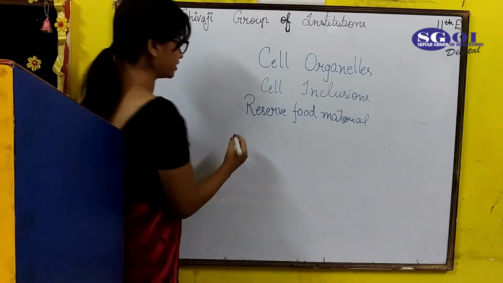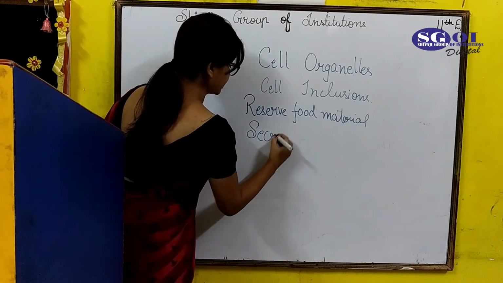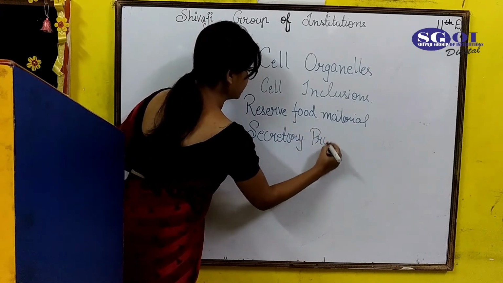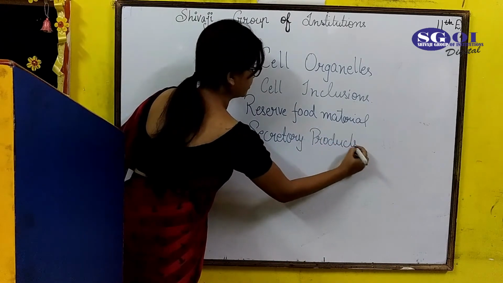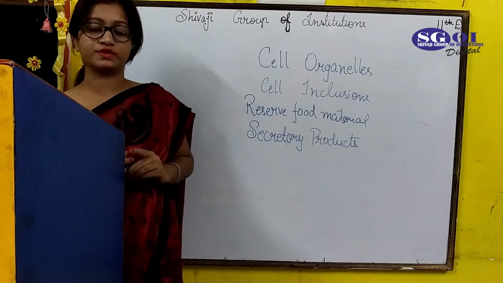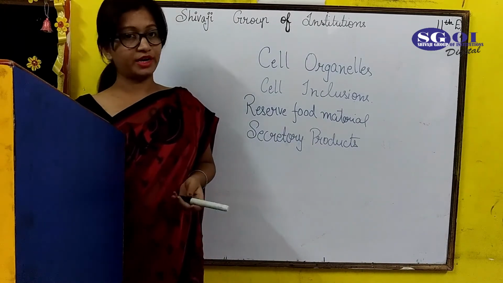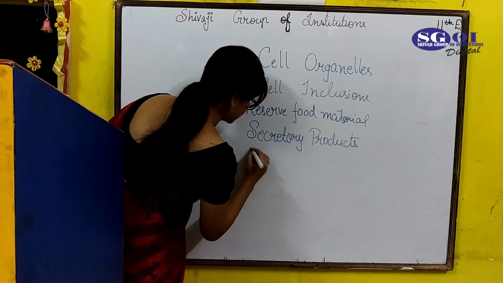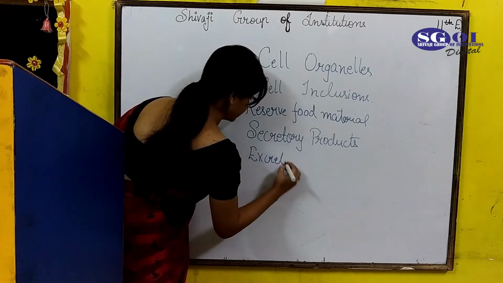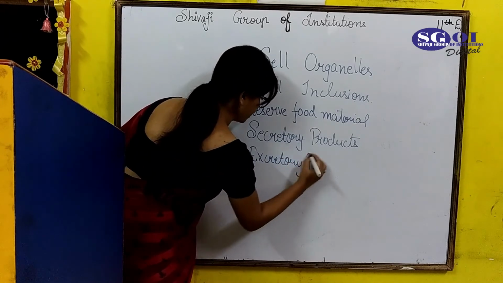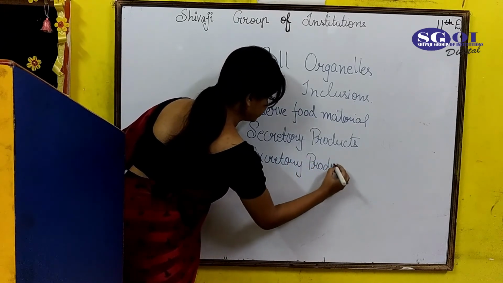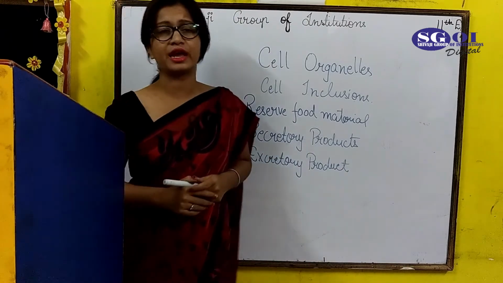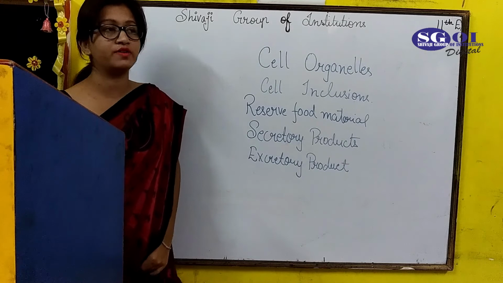The second is secretory products, that means products which come from the secretion of any organelle, like coloring matter, enzymes, nectar, etc. And the third one is excretory products, that is wastes like alkaloids, glycosides, latex, gums, and mineral crystals.